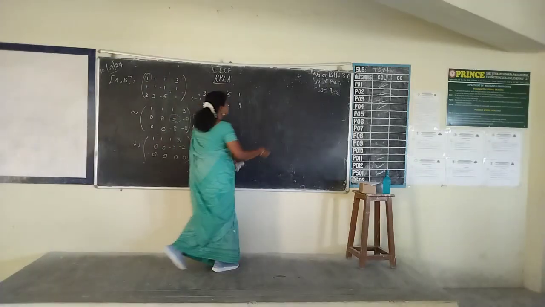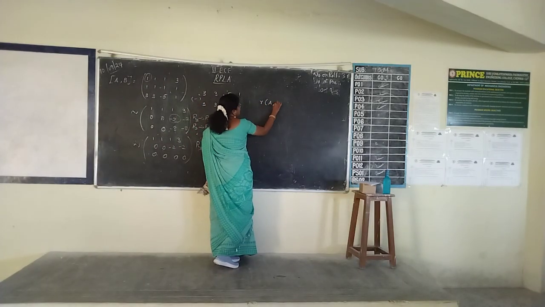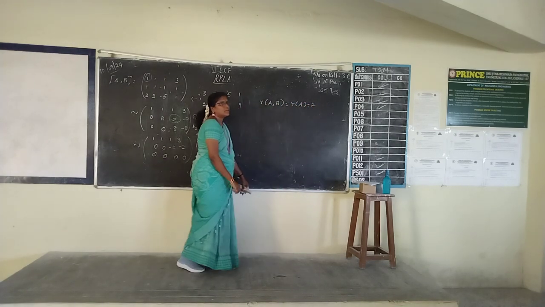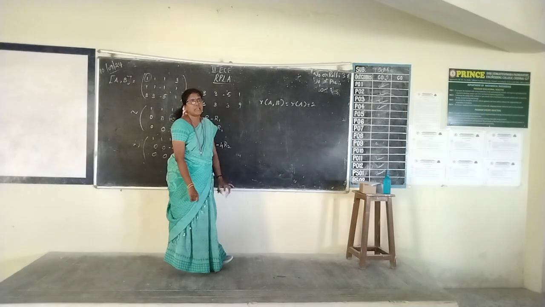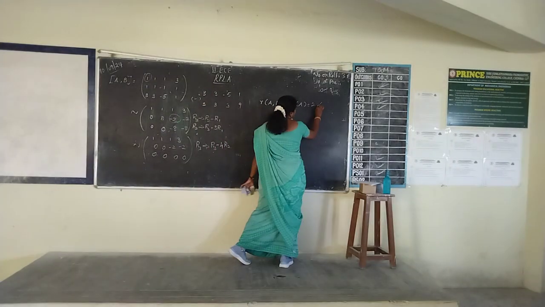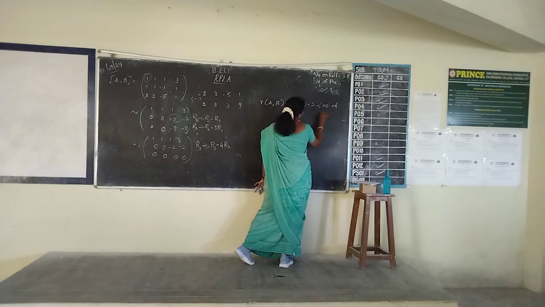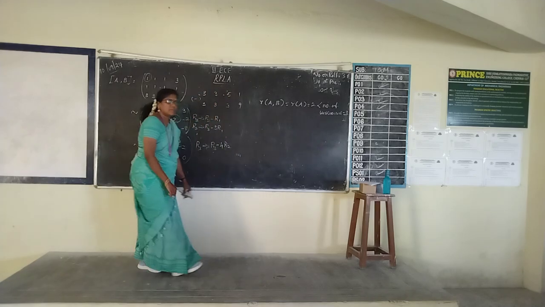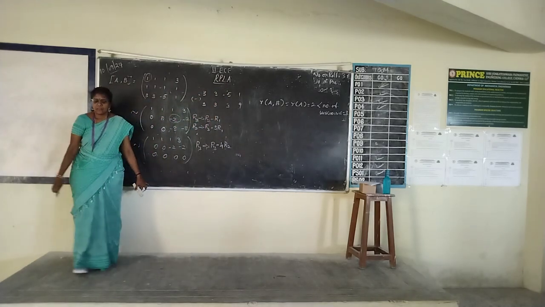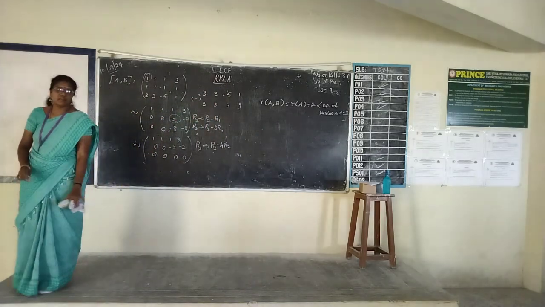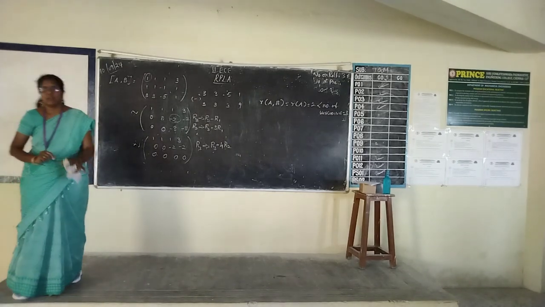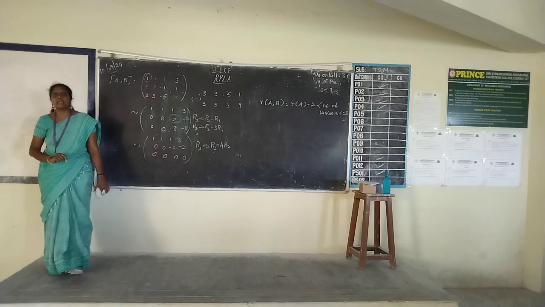Rank of A is equal to rank of A augmented, equal to 2, which is less than the number of unknowns, which is equal to 3. Hence the solution is consistent.